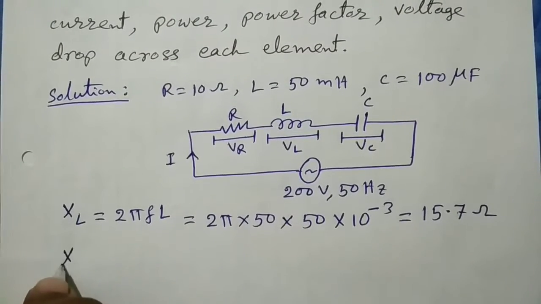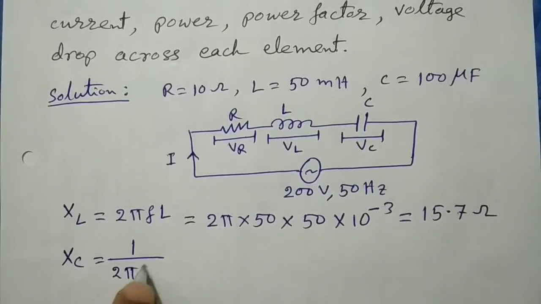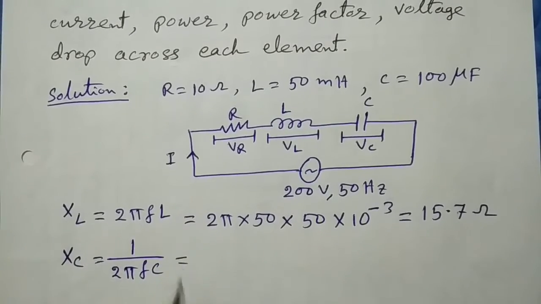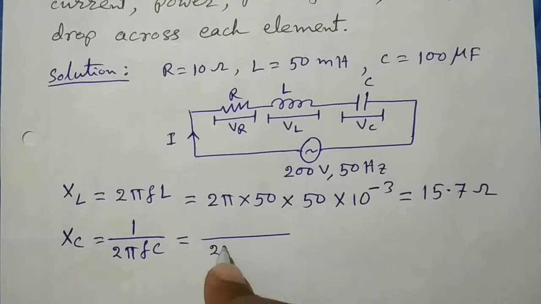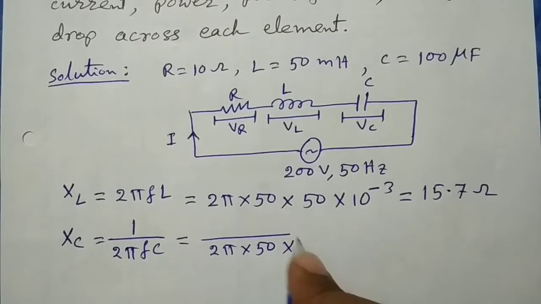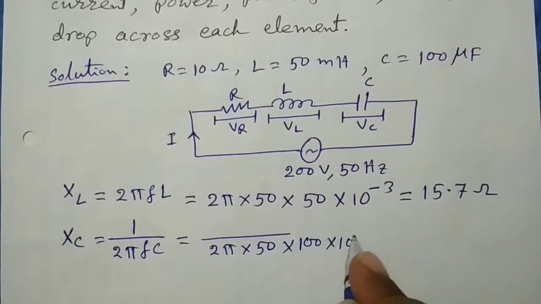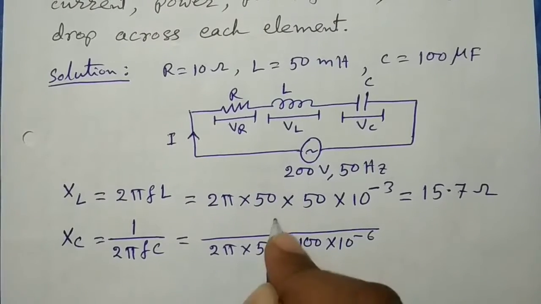Now find the capacitive reactance, that is Xc. And here the formula is Xc equal to 1 upon 2 pi Fc. So put the values, 2 pi into 50 into C, which is 100 microfarad. So it should be converted to farad, that is 10 to the power minus 6 will be multiplied.